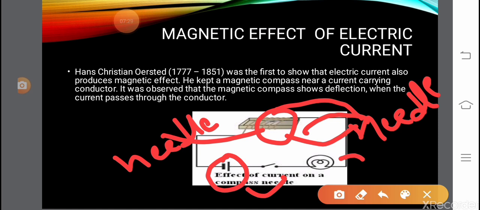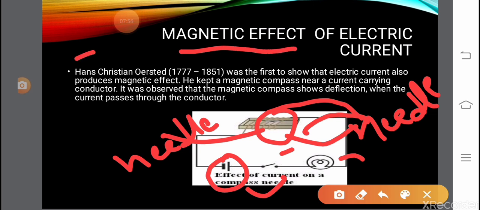At the same time, if we pass the current through this wire, then also there is deflection in the needle. That means if we pass the electric current through the wire, it starts acting as a magnet, and the needle shows deflection. It behaves as a magnet. So this is called magnetic effect of electric current.